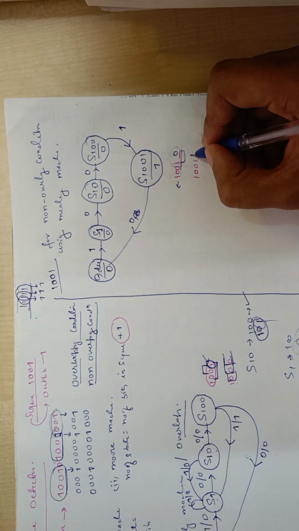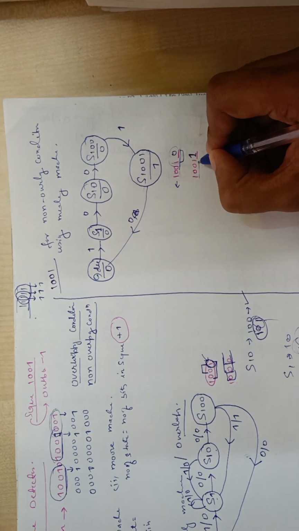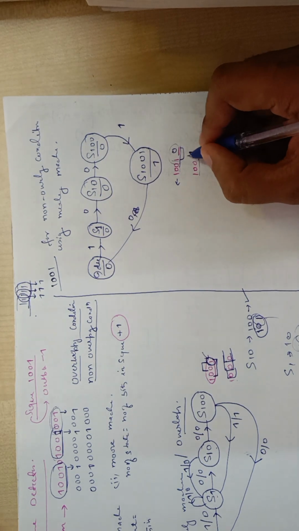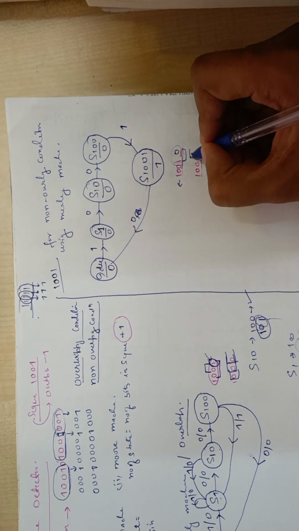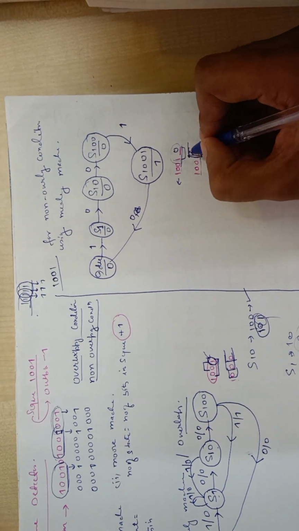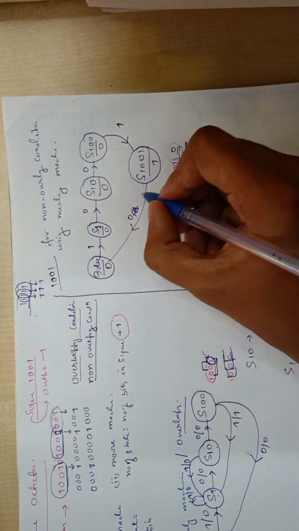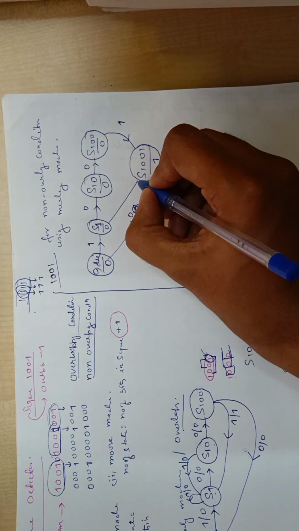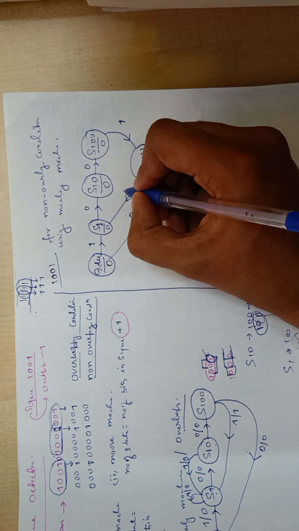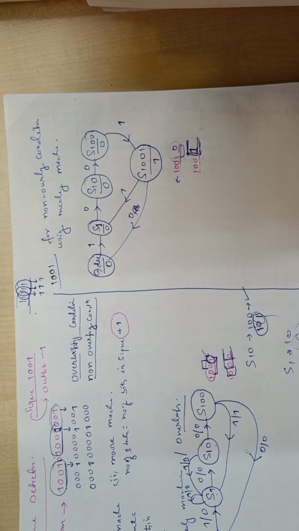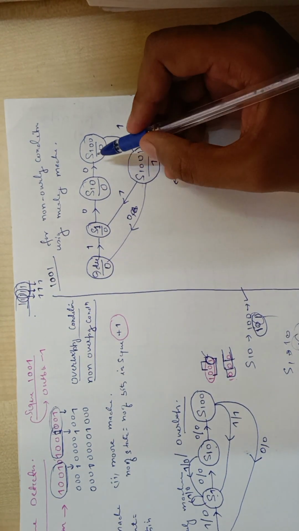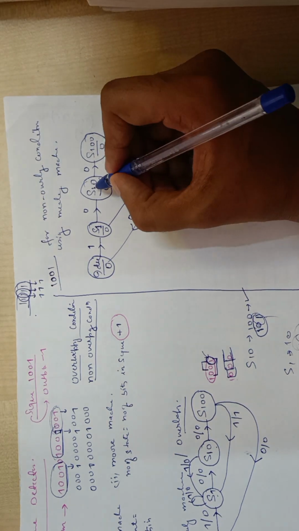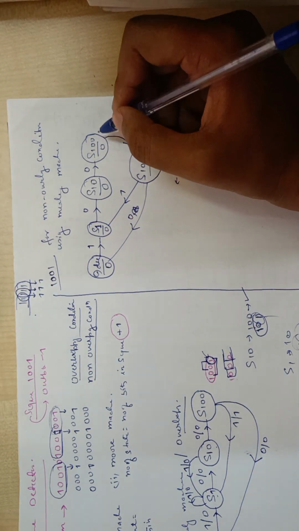So what if the input is 1 again, S1001 and again 1? In this case you can see a fresh 1 bit is available, so it will move to the fresh 1 bit state.